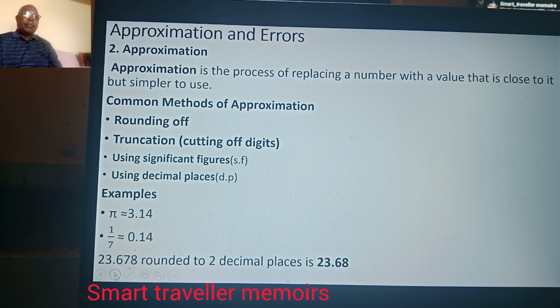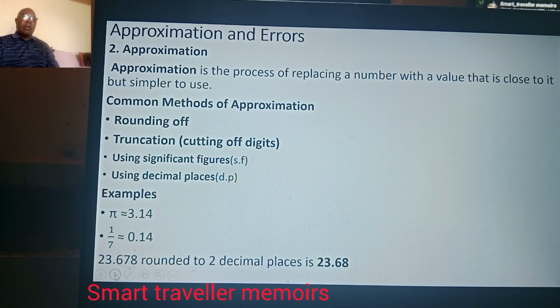Approximation. Approximation is the process of replacing a number with a value that is close to it but is simpler to use. Common methods of approximation are rounding off, truncation or cutting off digits, using significant figures, and using decimal places.